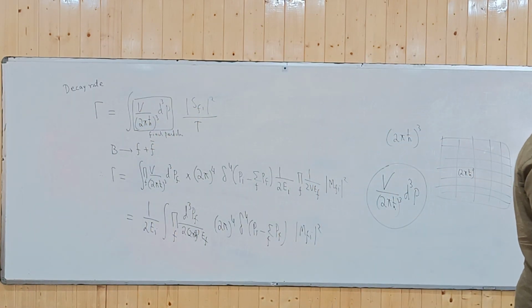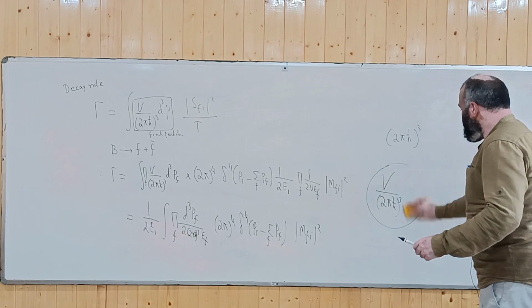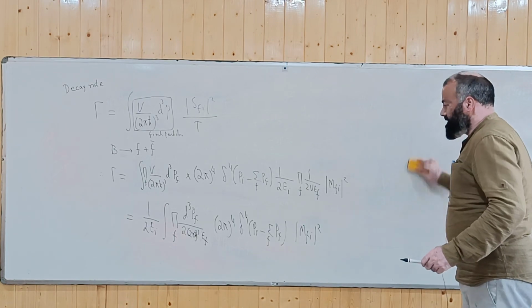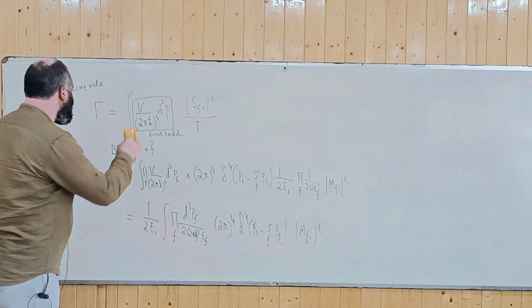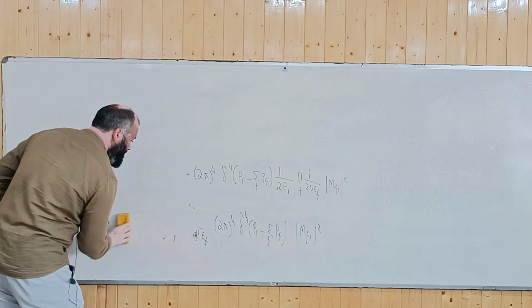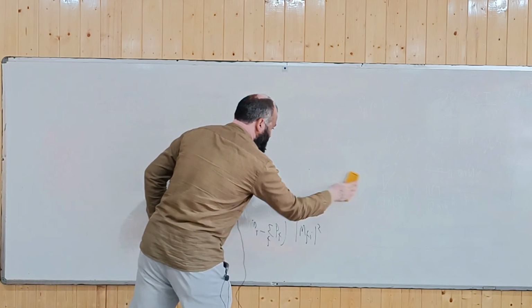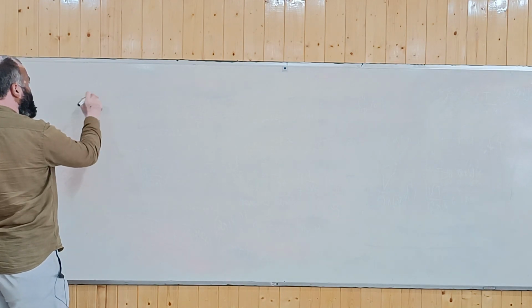The process we are looking at, we have not done any kind of explicit calculation. We'll do it in the lowest order of perturbation theory. Any question? So let's consider this process.